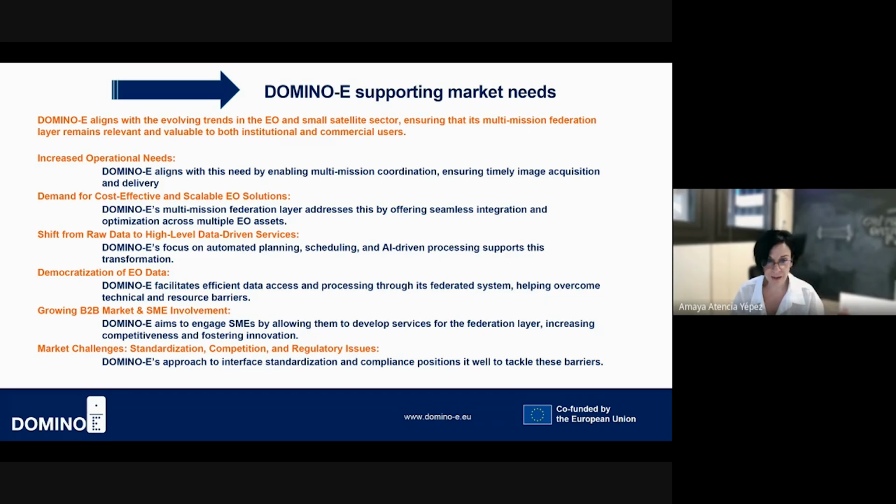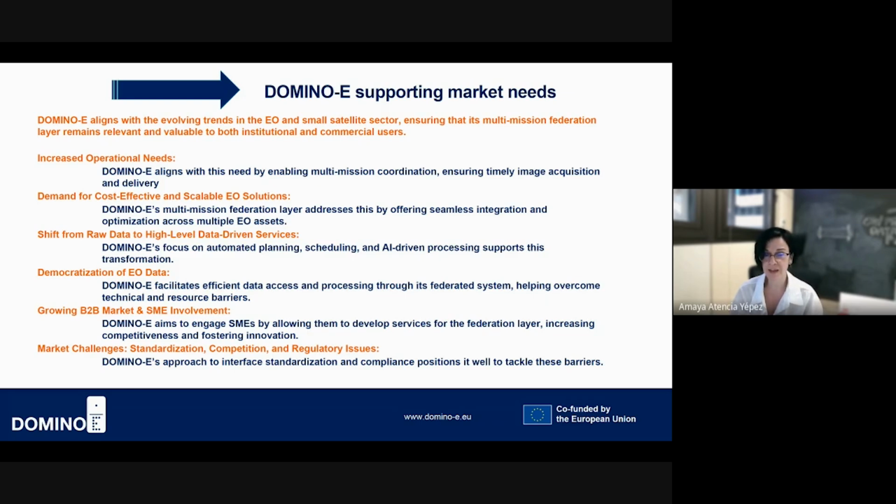This shift will provide final users with intelligent services instead of raw data, and it requires many aspects in terms of infrastructure, interfaces, scalability, and data access.